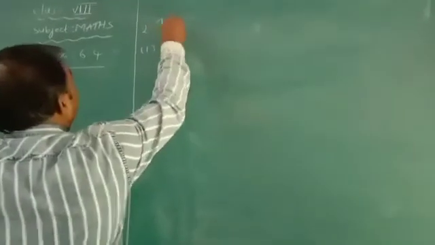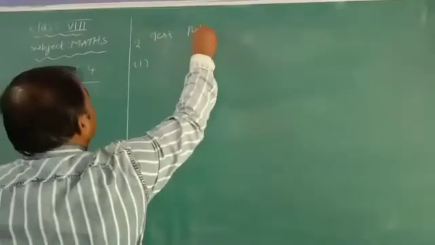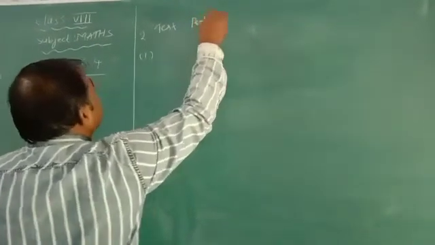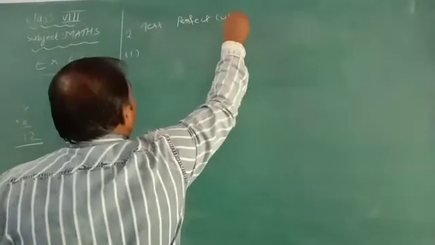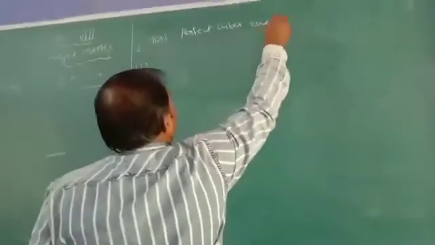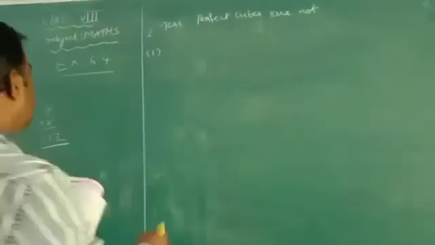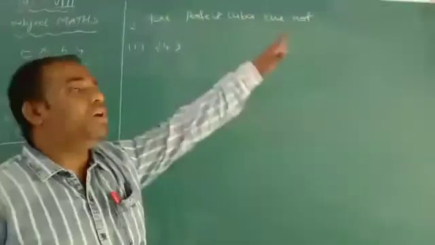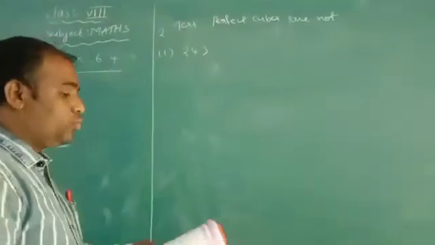Test whether the given numbers are perfect cubes or not. See beta, what is given? First one, 243, perfect cube or not.